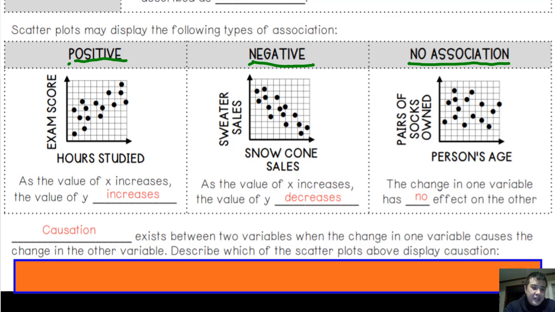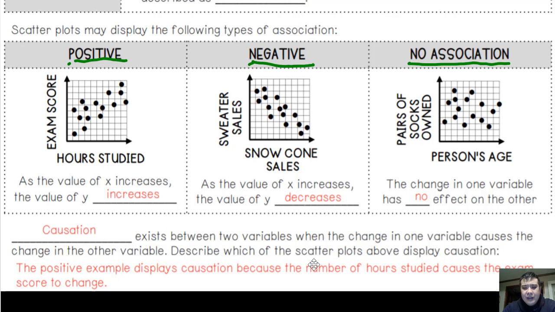Here, though, hours studied seems to increase exam scores, which makes sense. So there should be causation between that. Studying causes you to have a greater grade on the exam. So the positive example displays causation because the number of hours studied causes the exam score to change, as opposed to sweater sales and snow cone sales, where there's no reason to think that snow cone sales would affect sweater sales.